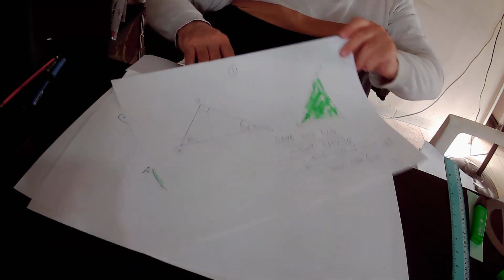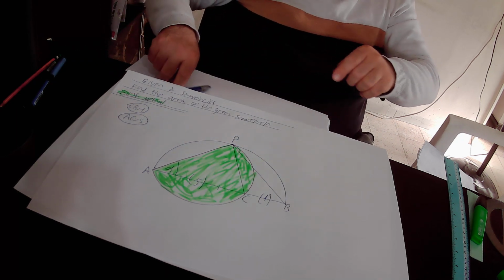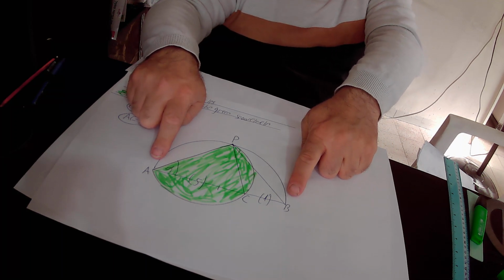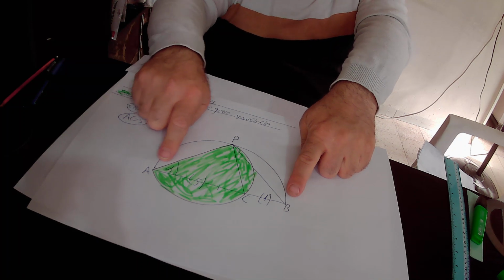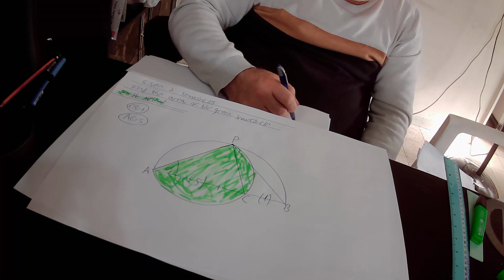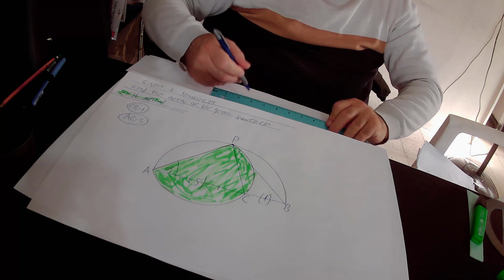What is the length of AB? From the drawing, it is very easy to see that AB in total equals 5 plus 1, that is 6. Over AP. AP is the missing side, so we leave it as it is.